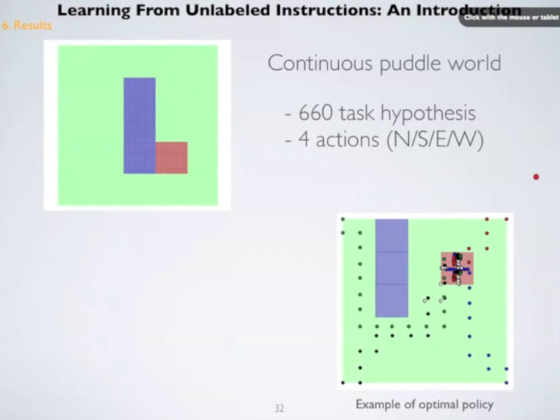And here is one other example of a world we can generate with its associated policy. And this policy will be used by the teacher to assess the robot's actions. And you can see that for this policy, which starts from the top left corner, the agent is going around the blue area to go to the red area.